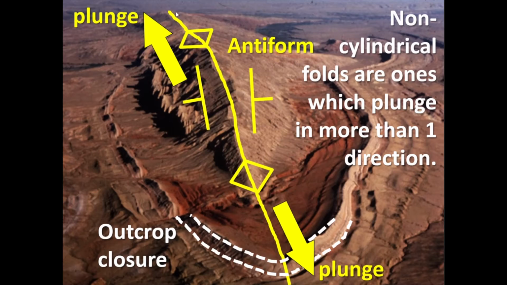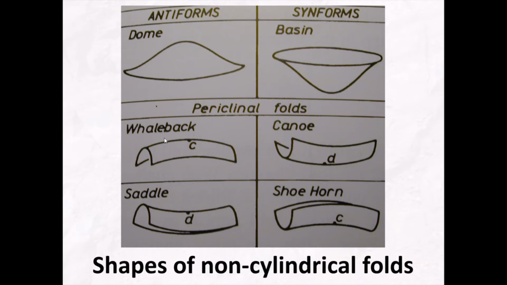But if we have an elongate fold that plunges in opposing directions, if they're away from each other, then we'd form something called a whaleback, if it was an antiform. If it was a synform plunging away from each other, we'd form a shoehorn. If it was a synform where the two ends of the fold were plunging together, we'd form a canoe. And if it's an antiform where the ends are plunging together on either side of the fold, we'd form a saddle.